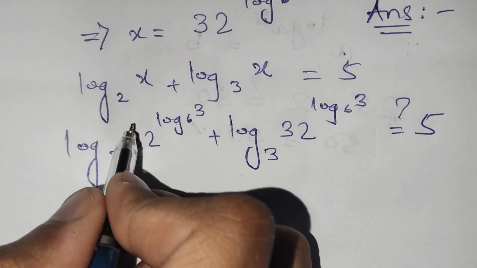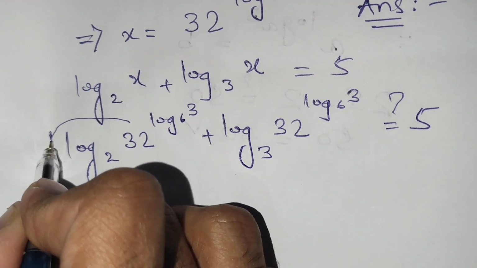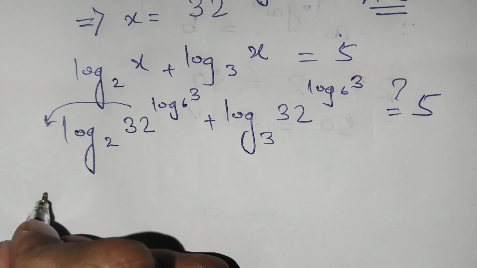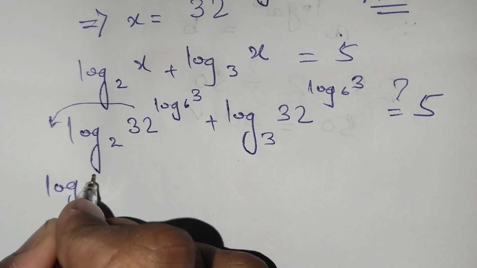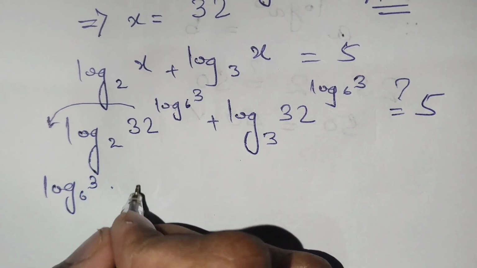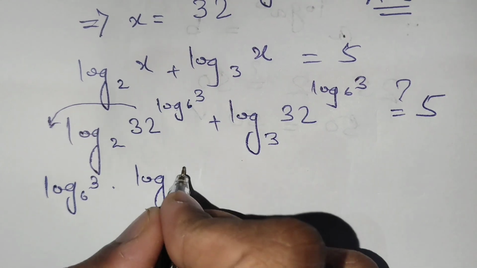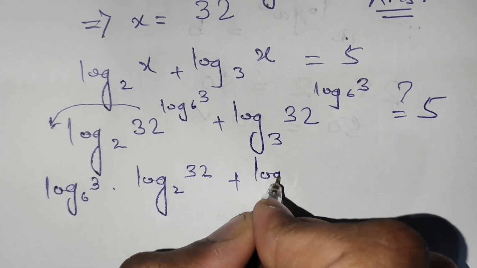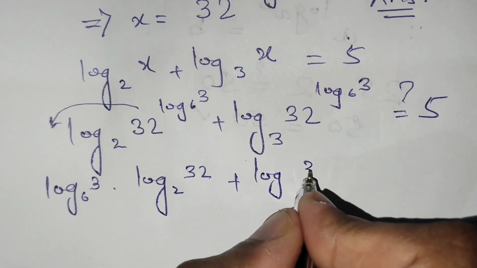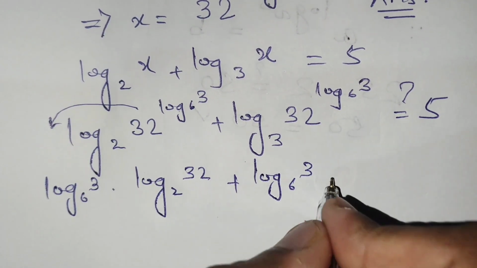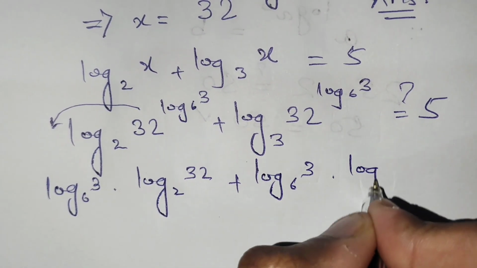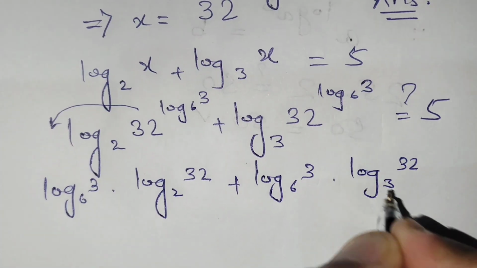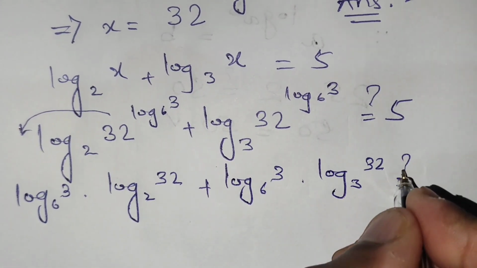This will become a coefficient, so it will be log of 3 to the base 6 times log of 32 to the base 2 plus log of 3 to the base 6 times log of 32 to the base 3, equals 5.